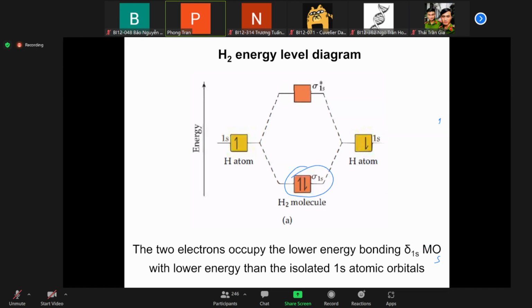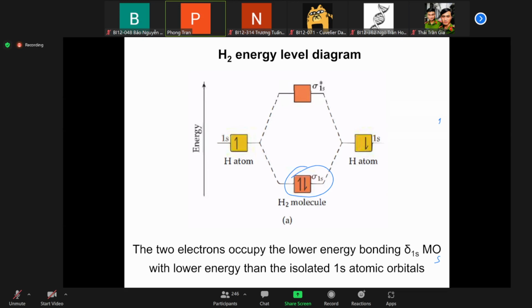And I had mentioned to you, that is the driving force for making the bond. Because when hydrogen and hydrogen bond, both atoms lose their freedom, lose their entropy. So they need to gain in terms of energy, in terms of enthalpy.